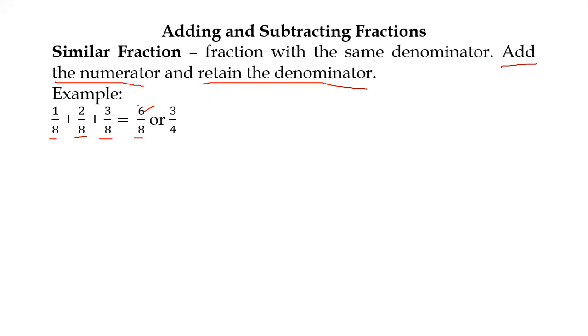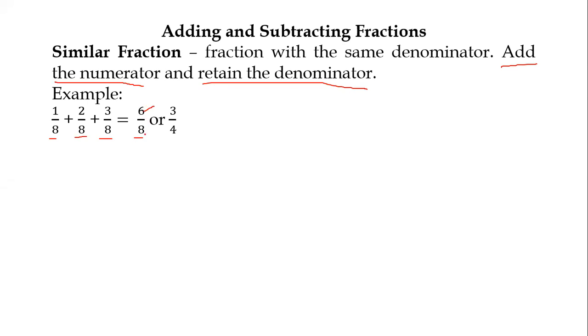Since the answer we got is 6 over 8, we can still reduce it into lowest terms. In reducing to lowest terms, we look for a divisor that can divide the given answer.